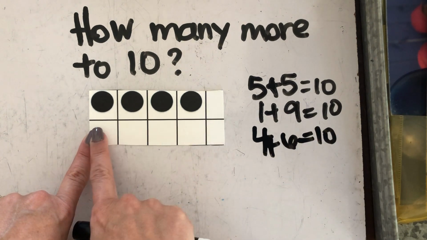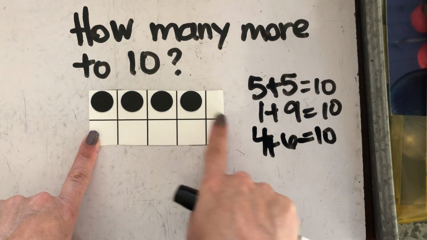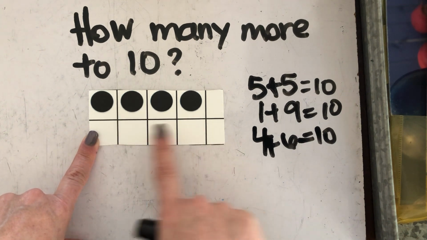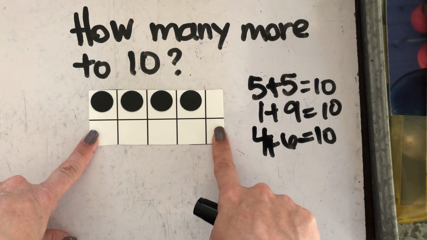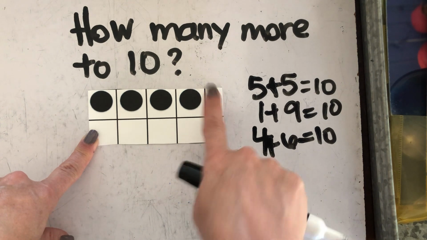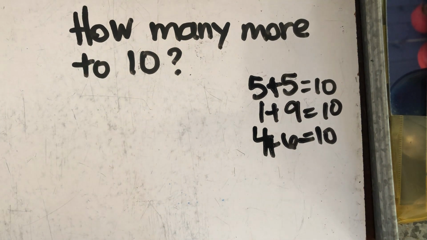If I see 5 spaces blank, if all of the bottoms are blank, I don't have to count them because I know that's 5. 1, 2, 3, 4, 5. If they're all blank, I know that's 5. So I don't have to start over. I can just say 5, 6, right? So 4 plus 6 is 10.